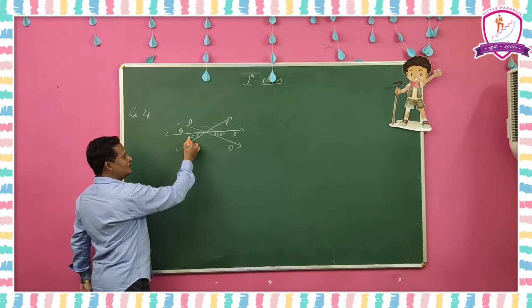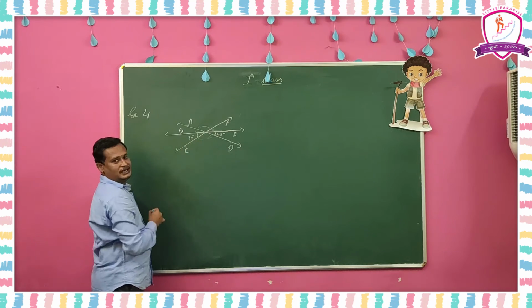Below BE, 20 degrees is there and 45 degrees is there.